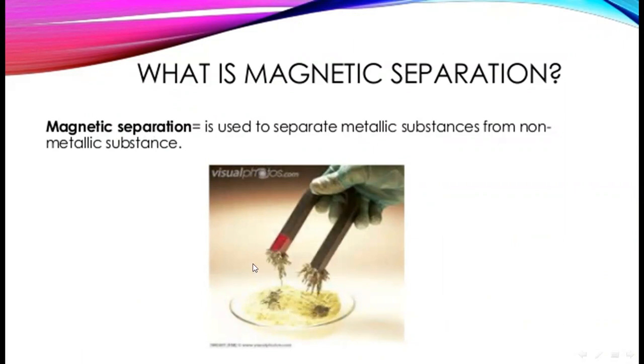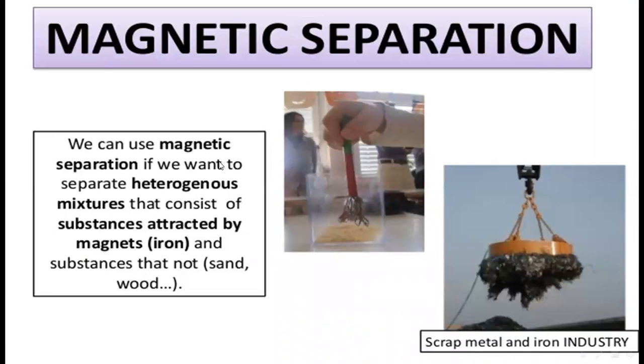Metallic substances means iron, nickel, cobalt, and non-metallic substances means sand, sulfur, etc. We can use magnetic separation if we want to separate a heterogeneous mixture that consists of substances attracted by a magnet, like iron, and substances that are not, like sand and wood. So this type of separation is called magnetic separation.